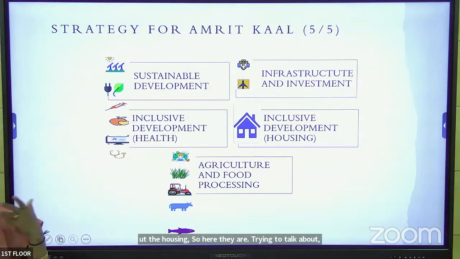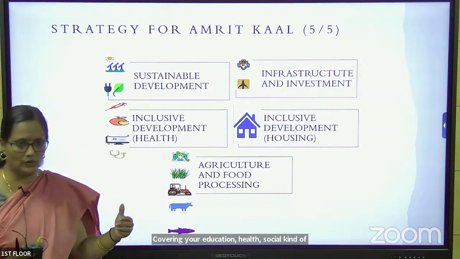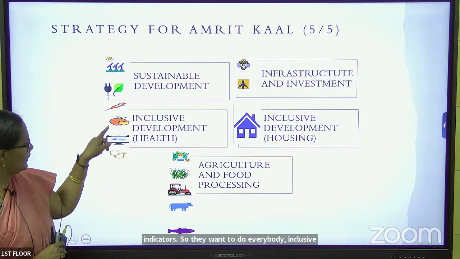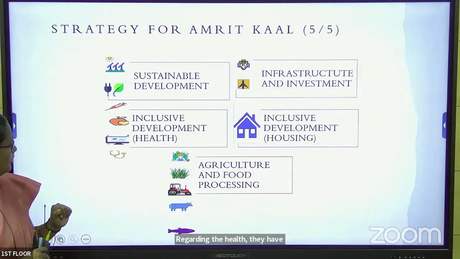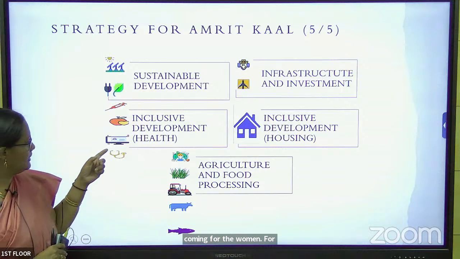Aspirational district program will also be covering your education, health, social kind of indicators. So they want to do everybody. Inclusive development is basically bringing everybody into the concept of development. Regarding the health, they have newer vaccines coming for the women, Poshan, nutrition-based improvement in the country.